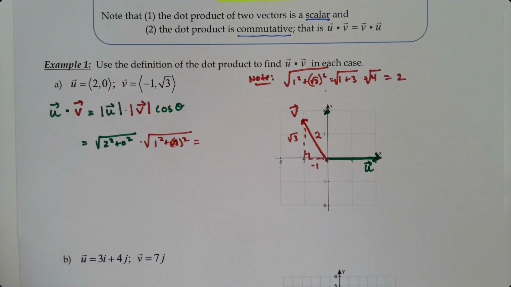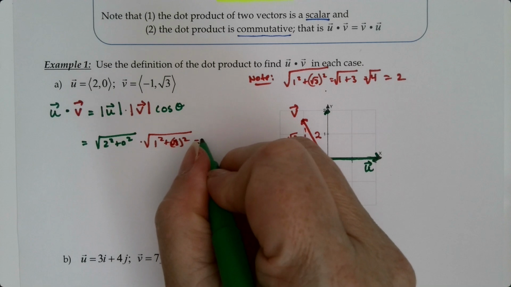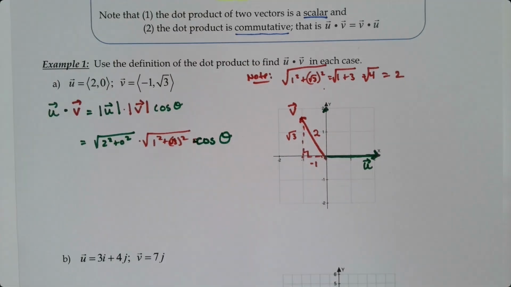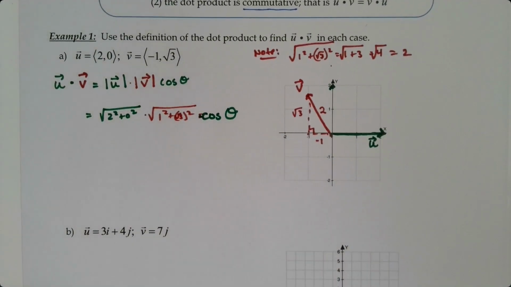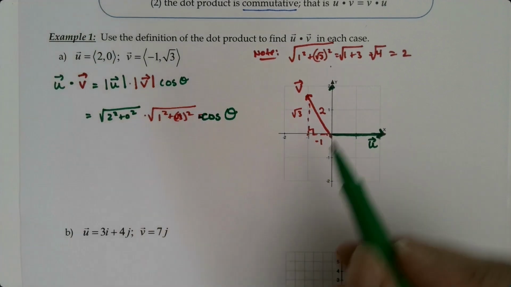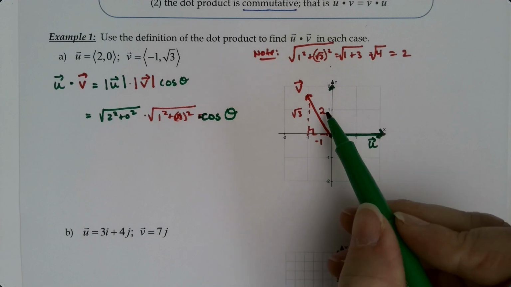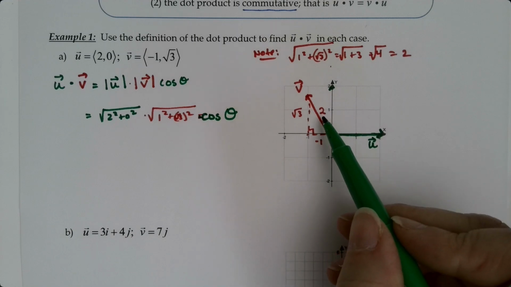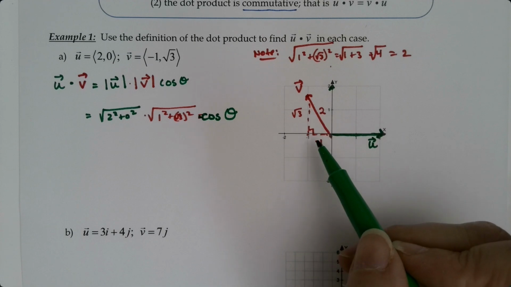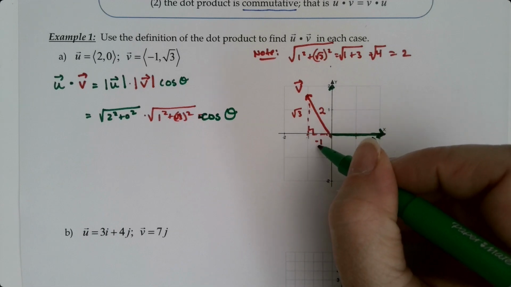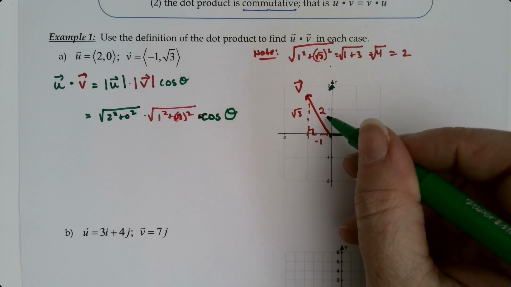And then we need to multiply it by the cosine of the angle between them. Now, we don't really need to know the angle between them. We can figure it out without knowing the angle, because we know that the cosine would be the adjacent over the hypotenuse. So the adjacent is -1, because it's right here. So -1 over 2.